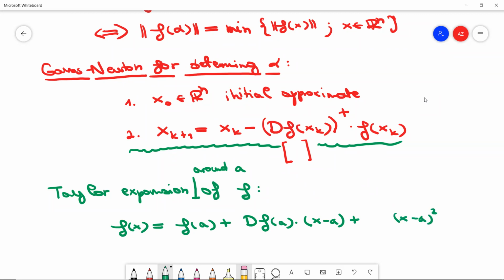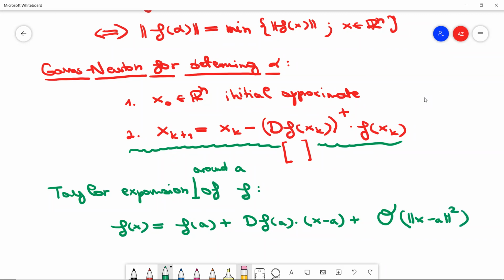Of course, we cannot calculate the square of a vector, so we have some error which depends not on x minus a squared, but on the norm of this vector squared.